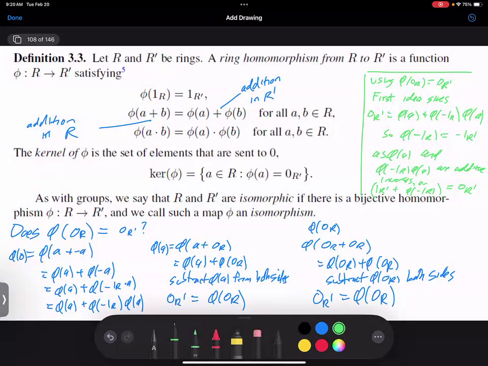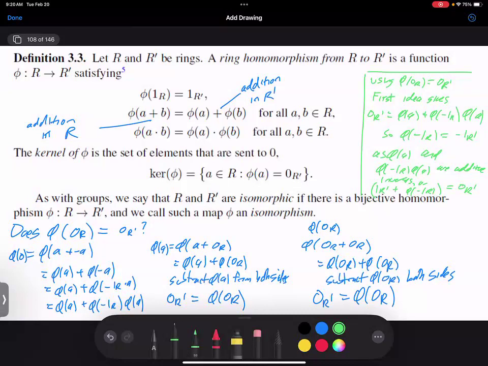So when I'm looking at the kernel, it's very natural to ask, is it a group? And if I'm asking, is it a group, I have to go under either addition or multiplication. Do you think it could be a group under multiplication? Not necessarily, because remember, we don't know that R is a group under multiplication because there could be issues with inverting the 0 element.